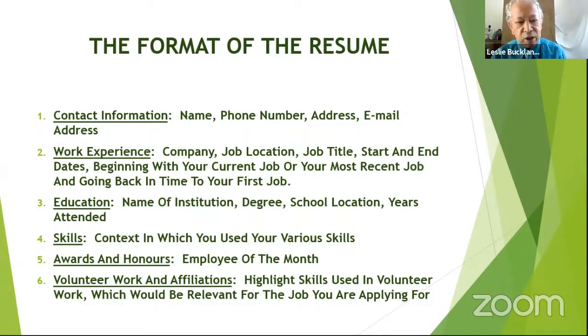And the 6th section, the final section, you put down any volunteer work that you have done and any association that you are connected with, and also any group that you have done volunteer work for. So it's like a listing. It's not really like a normal writing of a letter.